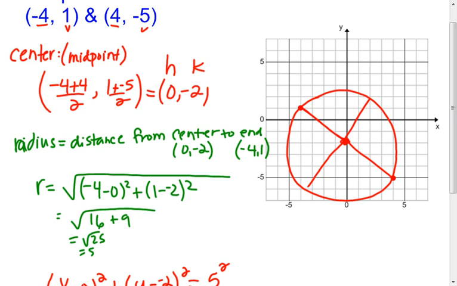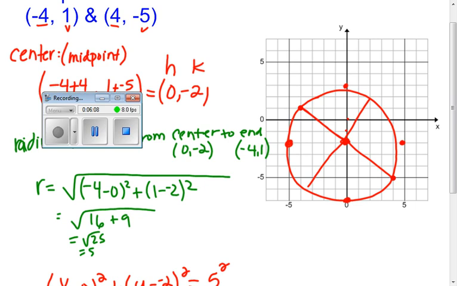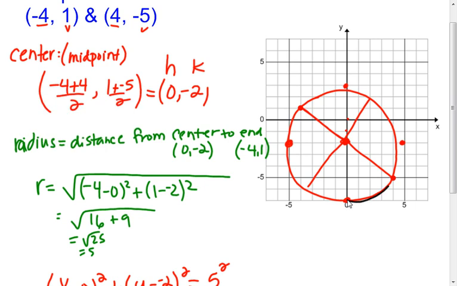I could have gone from the center and gone up 5, and that point should be way up there, and left 5 and down 5. So really, if I were to make this a little bit more accurately, my circle should have looked more like that. Okay, so that's a little bit better.